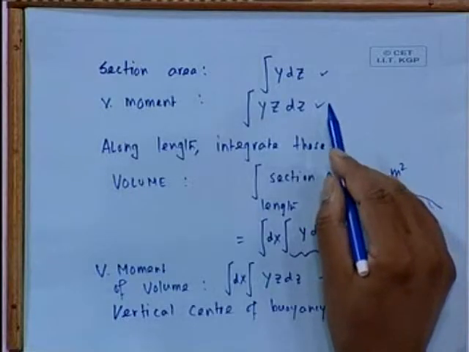Let us say there are 10 water lines, so you have up to 10 areas and moments, and let us say there are 20 stations. So 20 into 10, 200 such small tables you have to calculate. This is a very small work in today's computer technology, but you have to do that. This is what Bonjean curves are.